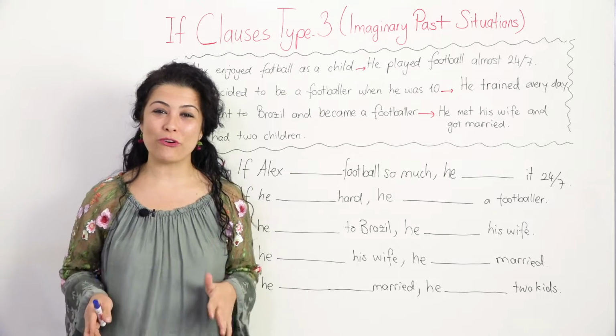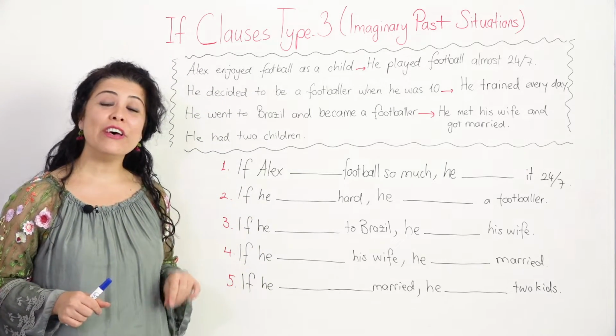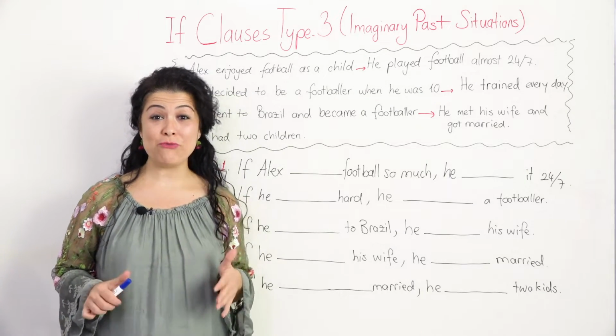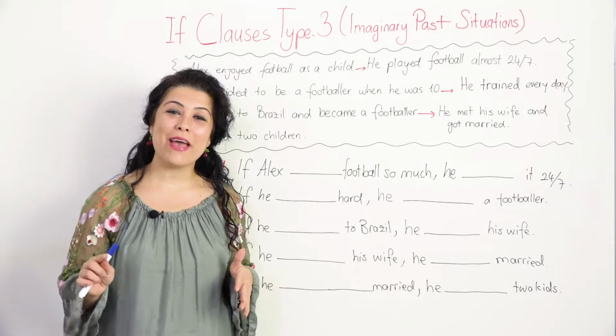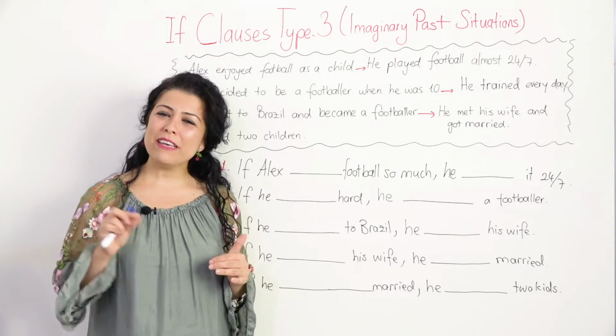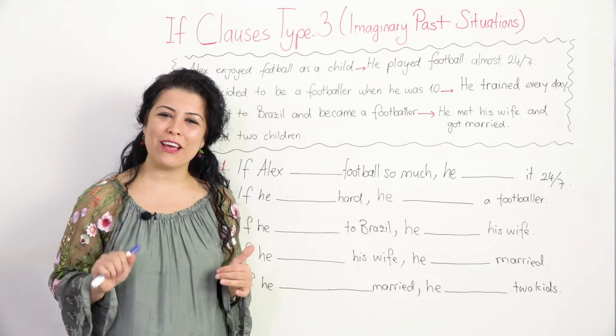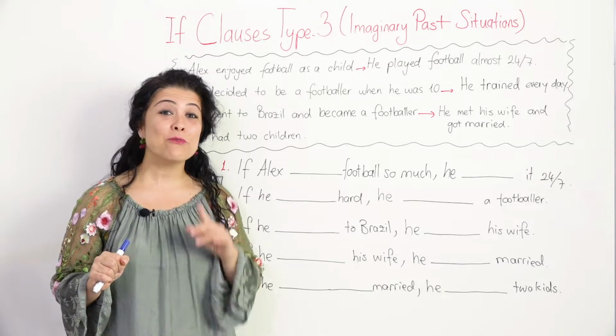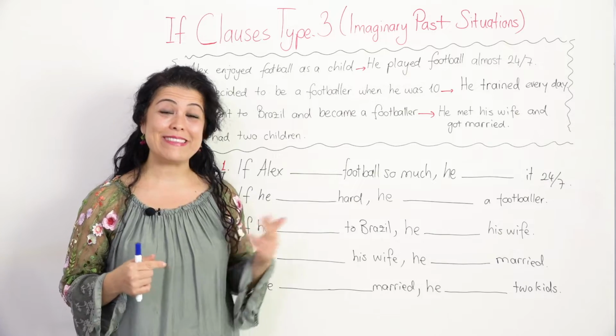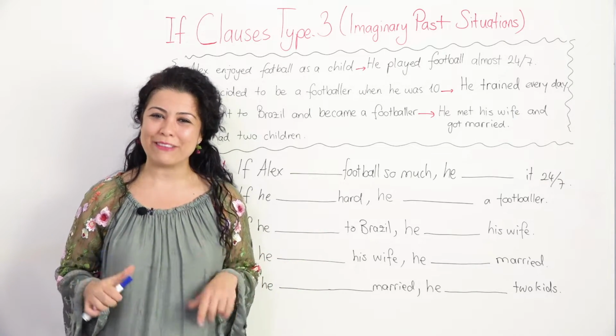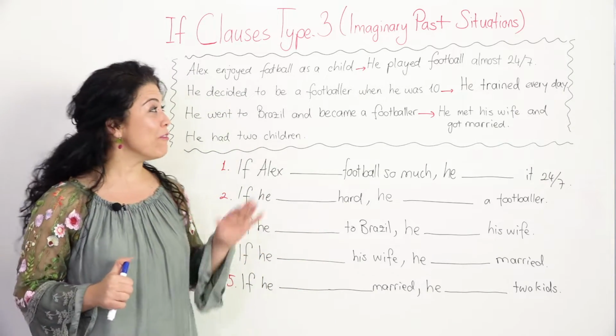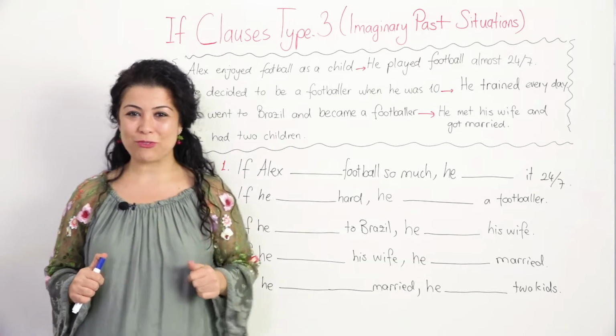Let's practice more. Have you ever imagined how life could have been different for you? I want you to take a pen and a piece of paper. Please jot down the turning points in your life. What happened? We are going to speculate on them and see how things could have been different. I will use my friend Alex's life to demonstrate.